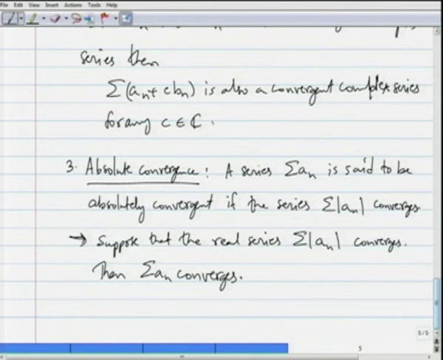So, now the fourth property is about tests for convergence. Okay.